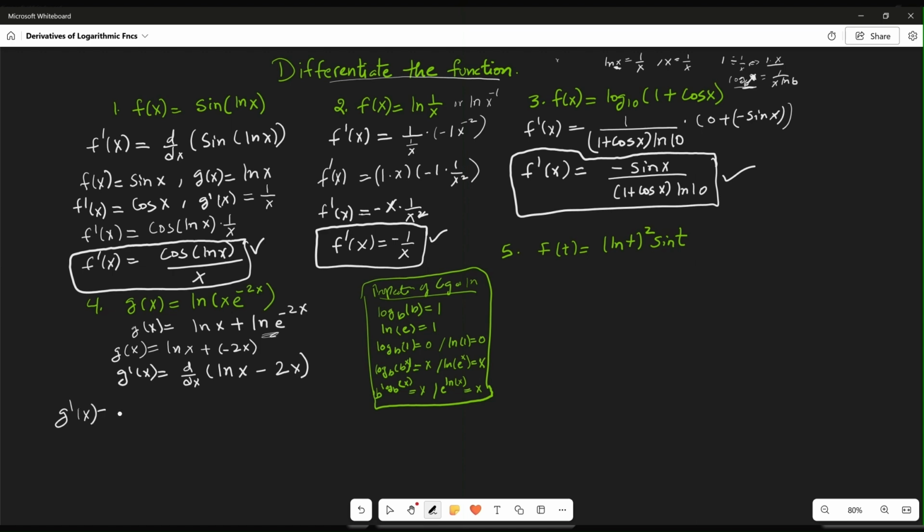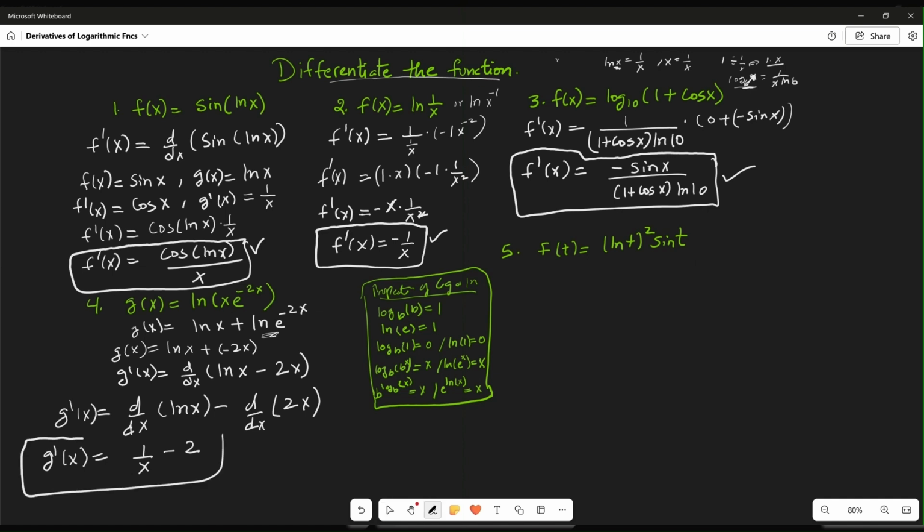This simply means derivative of natural log x minus derivative of 2x. Natural log x derivative is 1 over x, minus derivative of 2x, which is simply 2. And here is your answer for this one.